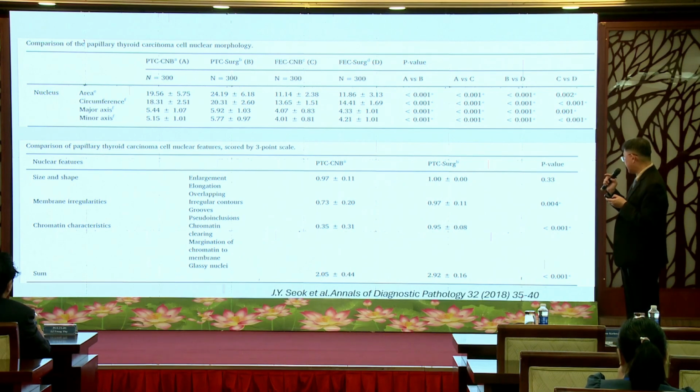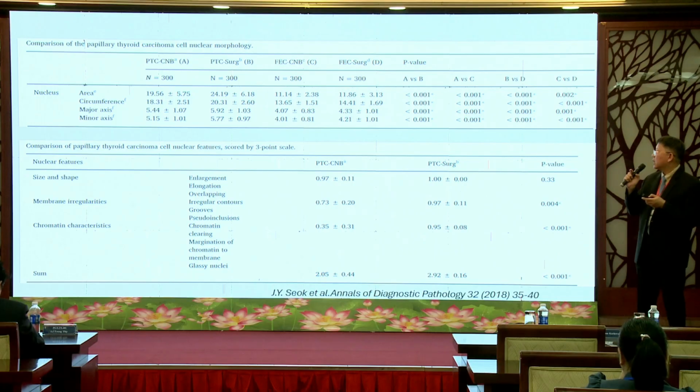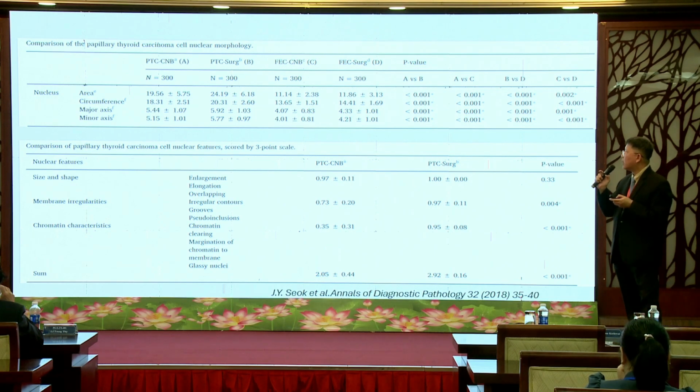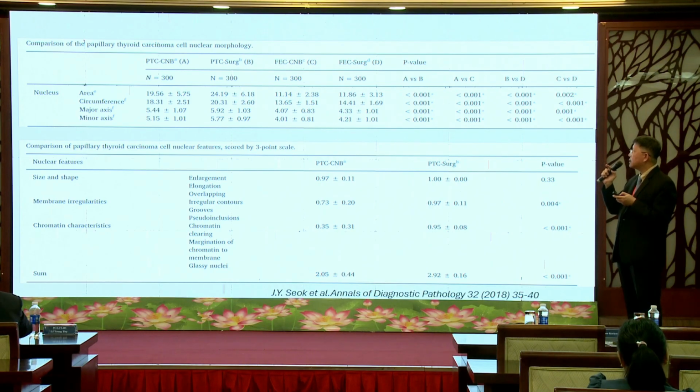So this is one paper exploring this issue. They compare the core needle biopsy specimen and the surgical specimen, both in papillary thyroid carcinoma samples and in follicular epithelial cell samples. You can see that the size of the nuclei is really smaller in the core needle biopsy specimen in the upper table.